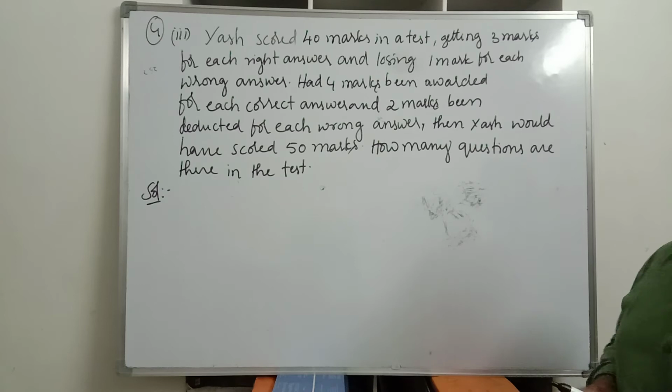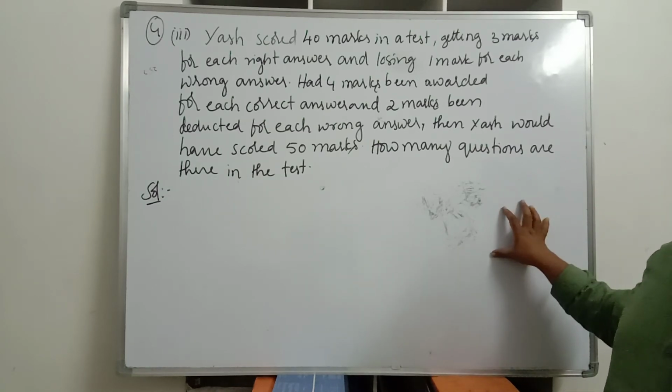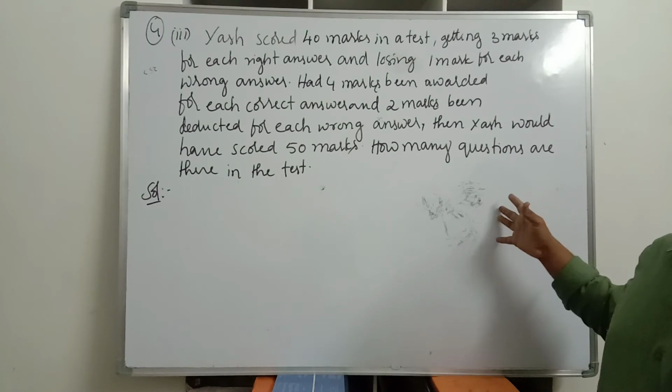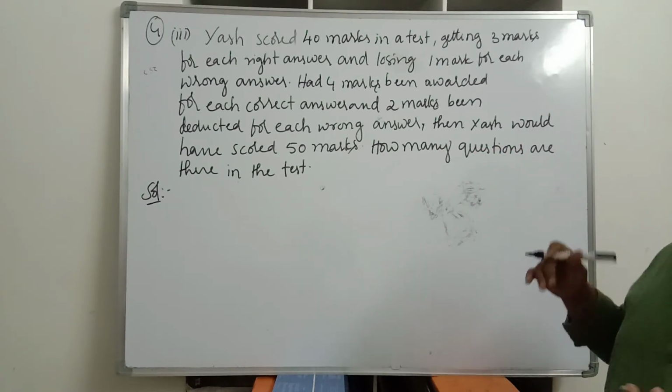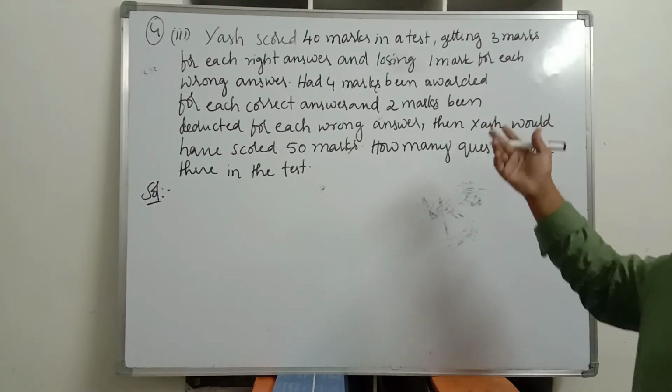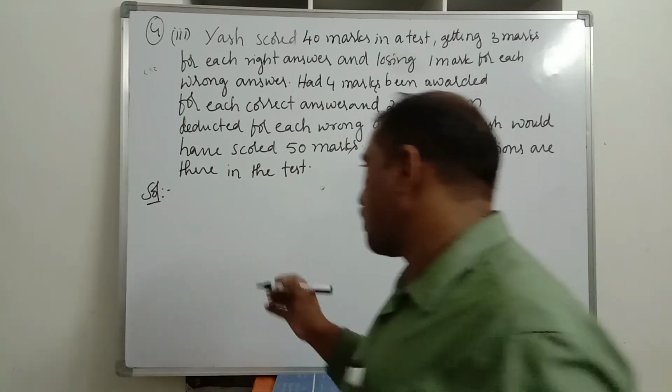How many questions are there in the test? That is questions with right answer plus questions with wrong answer. We don't know them, so let the number of questions with the right answer be x and the number of questions with the wrong answer be y. Then frame the two equations and solve them, and we get the total number of questions.